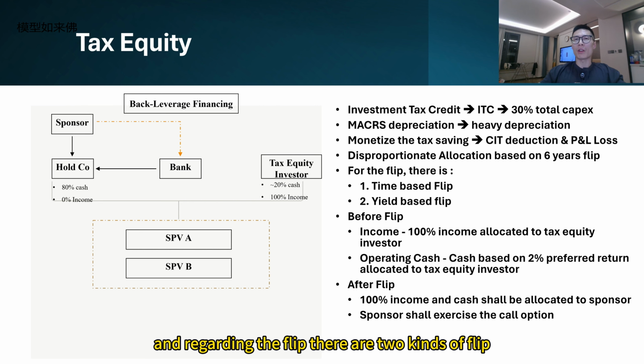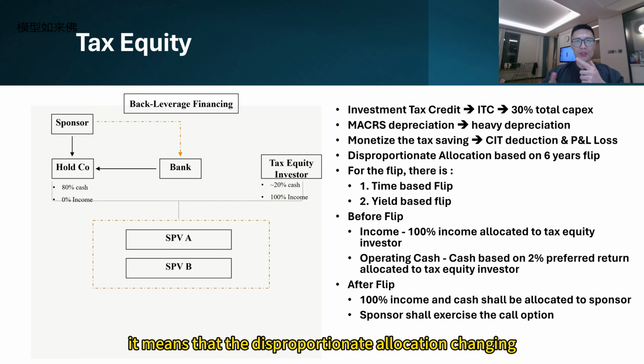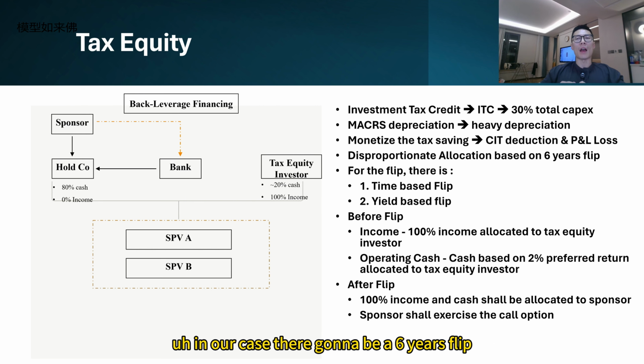Regarding the flip, when we talk about the flip, it means that the disproportionate allocation changes. In our case, there's going to be a 6-year flip. In the first 6 years, the tax equity investor gets 100% of net income, as well as a 2% preferred return, which is roughly 20% of total operating cash.